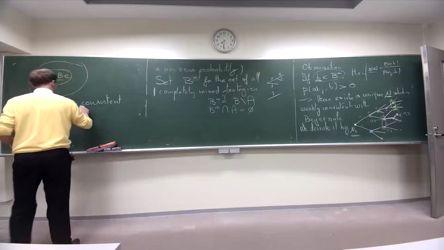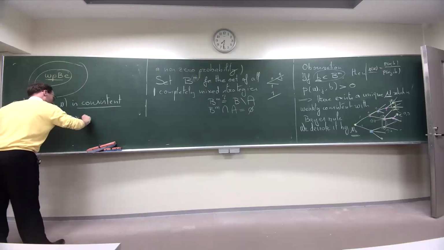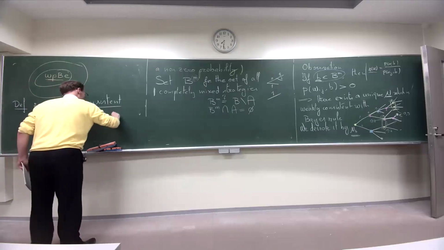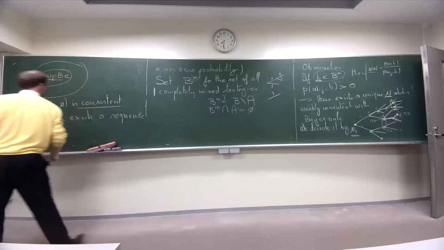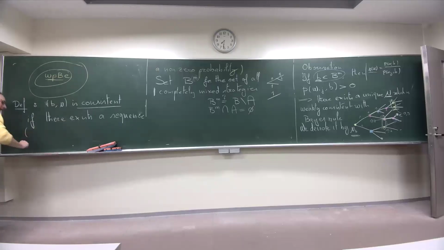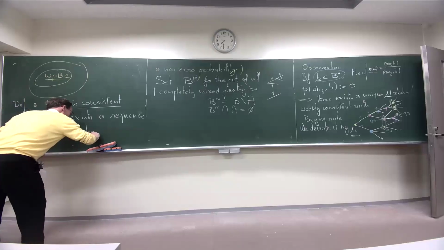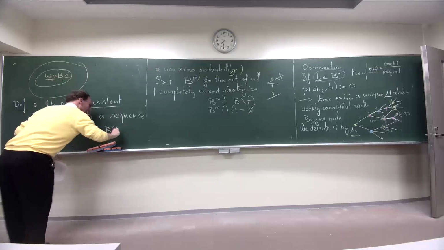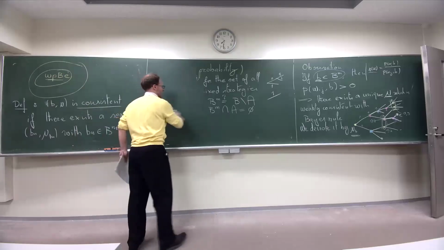It's consistent if there exists a sequence Bn, I will explain, so that it's an approximation.